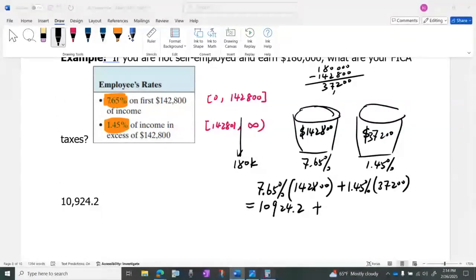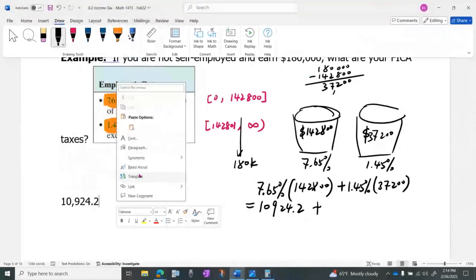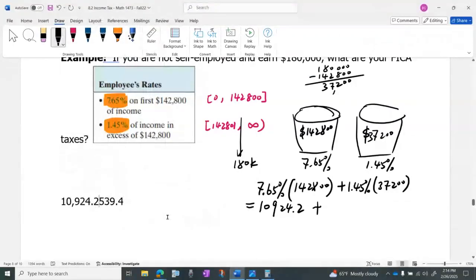Let's do the second bucket. 1.45% divided by 100%, right? And multiply that by 37,200. $539.40. And then we add them together. Let's add them together.